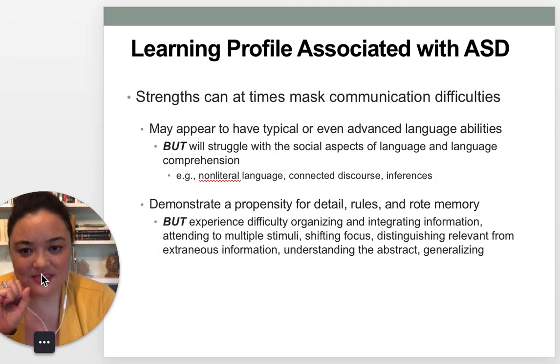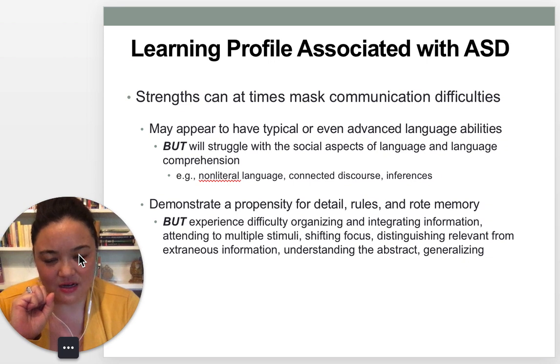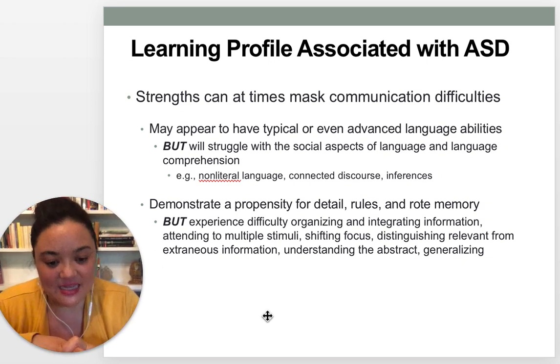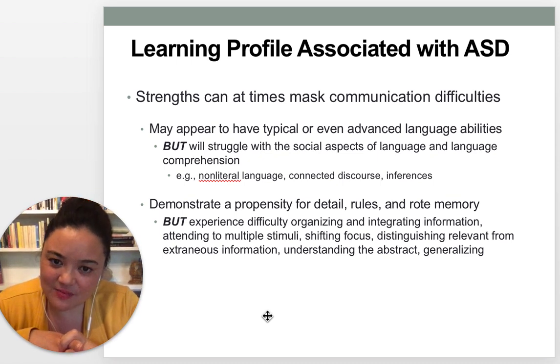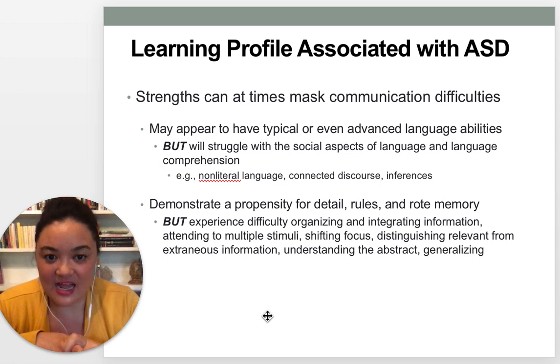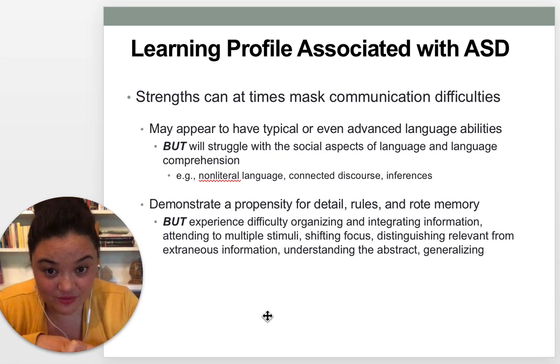All right, so let's put this into a more applied context. What's important, and sometimes misleading, about a lot of individuals with autism is that the strengths we just talked about oftentimes can mask some of the difficulties they're having. For some individuals, it may appear that they have typical or even advanced language abilities.